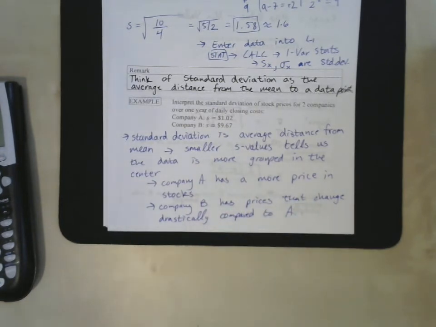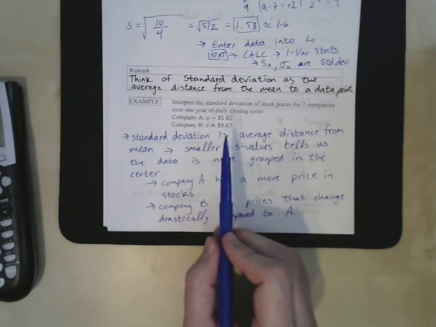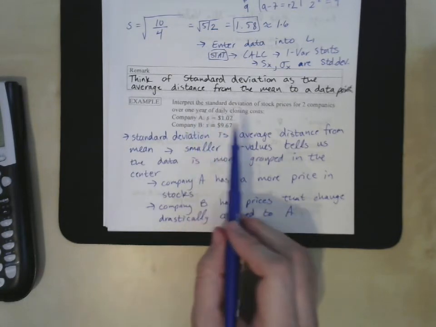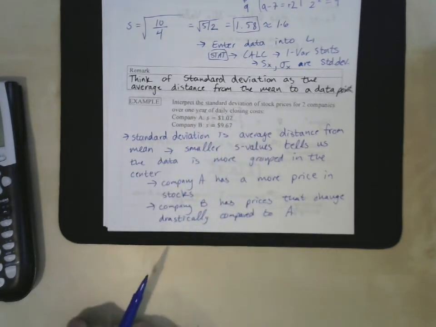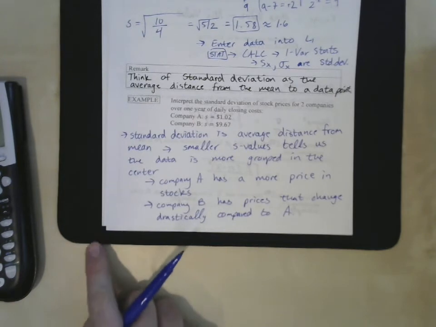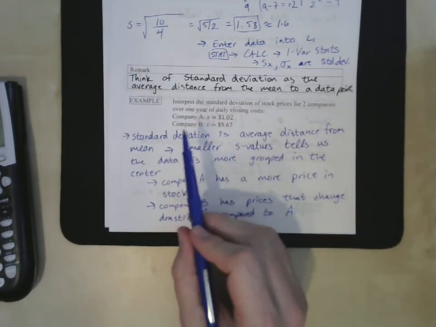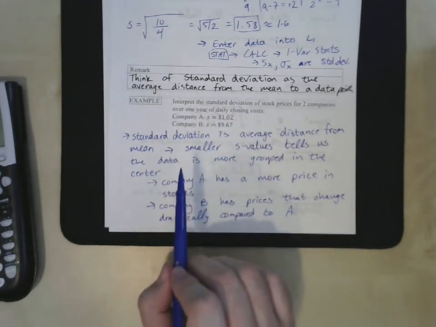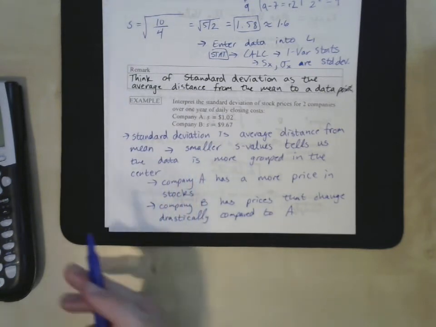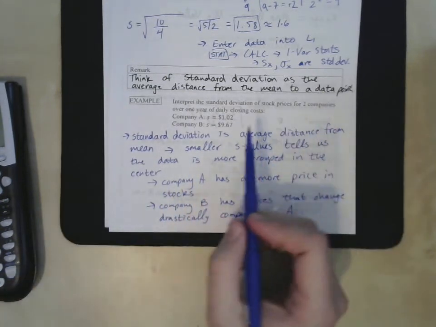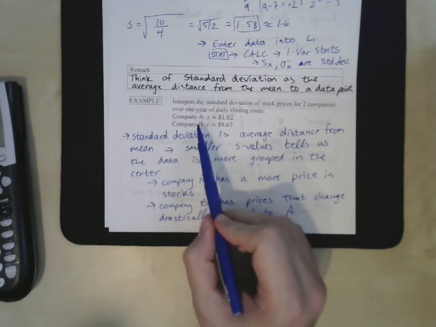In the last 6 months it has had a tremendous increase in stock prices because we're all using Zoom now. And even people that aren't in school are using Zoom. So their standard deviation for this year is going to be much larger than what it was last year. So again, this doesn't tell us the whole picture.